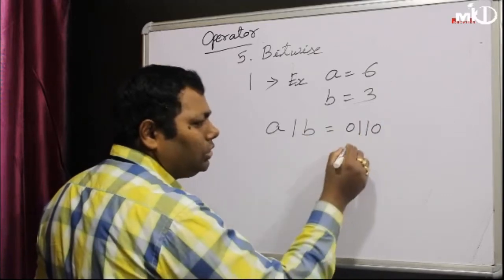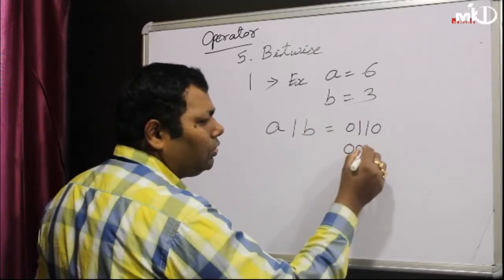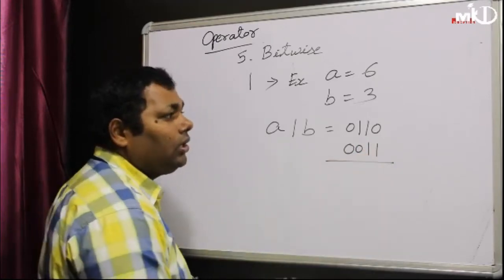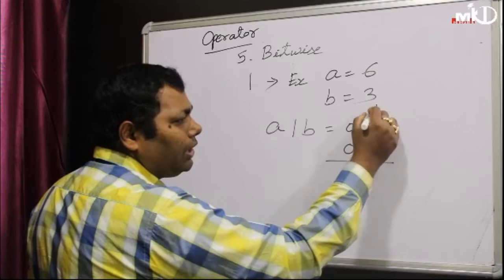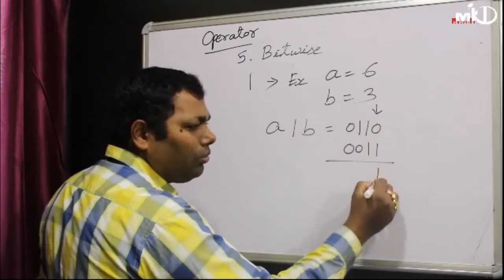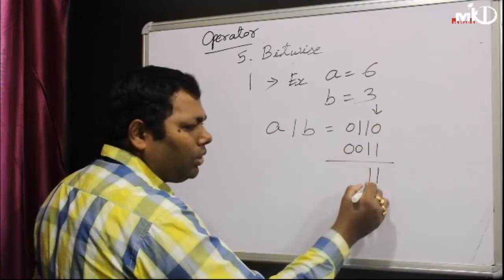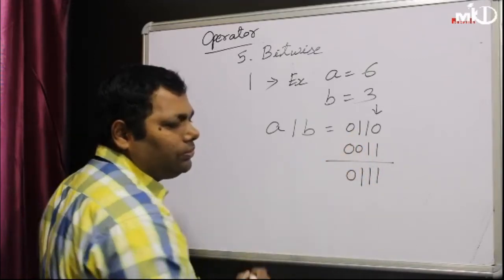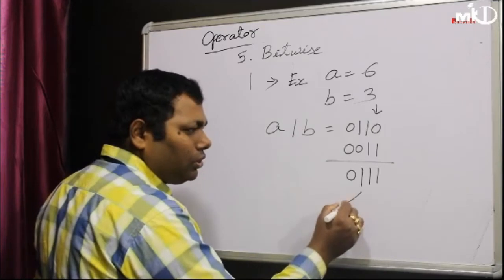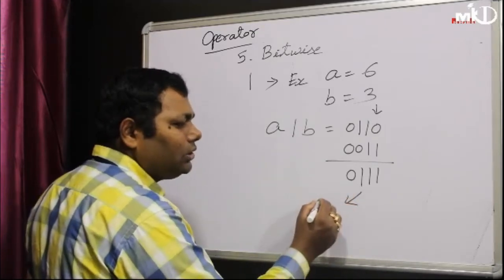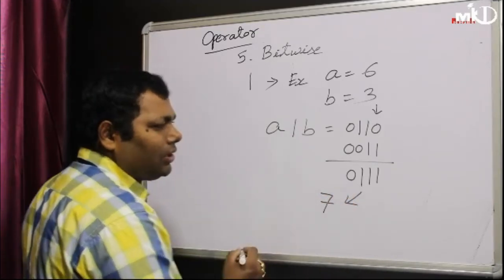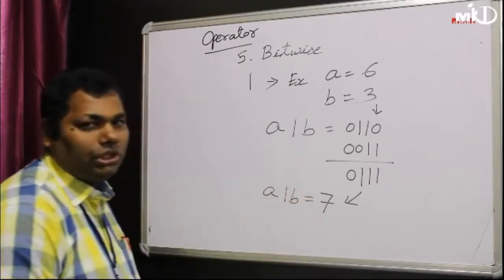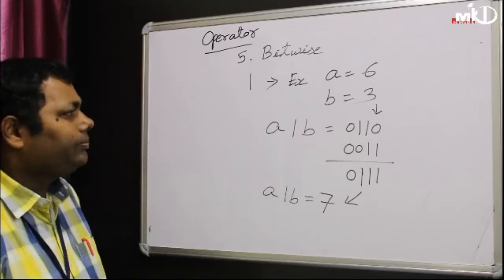And 3 means 0 0 1 1. Okay, now apply the OR logic gate to each individual bit. Okay, now conversion. How much? Yes, 7. So the value of A OR B equal to 7. Clear?